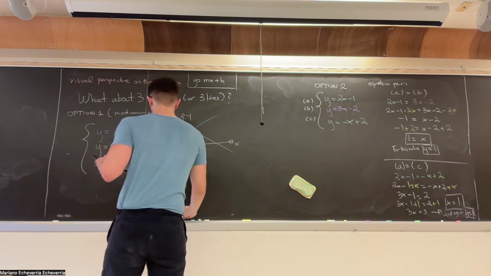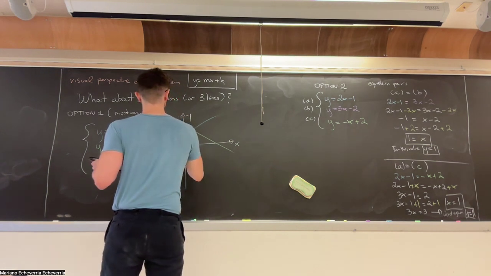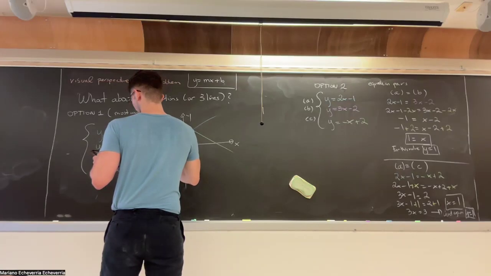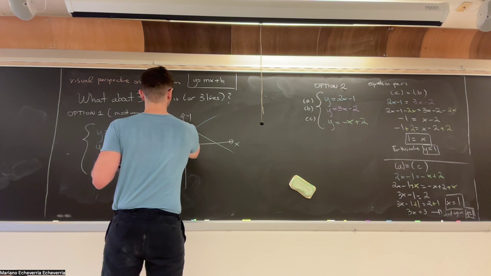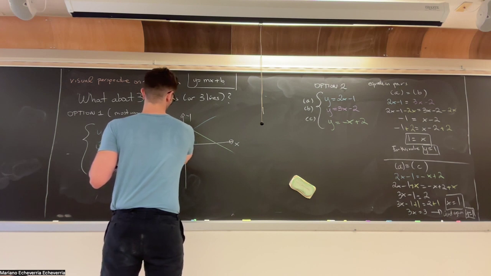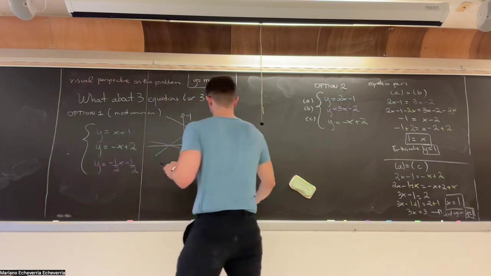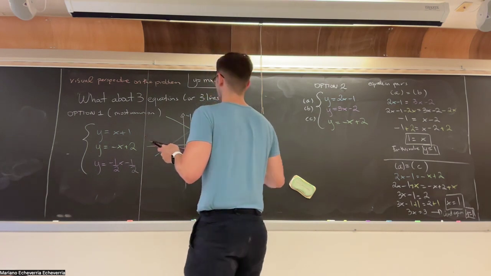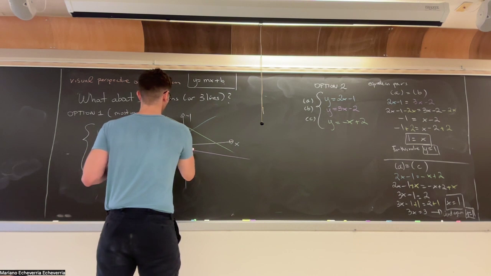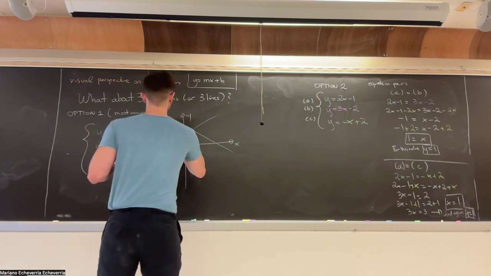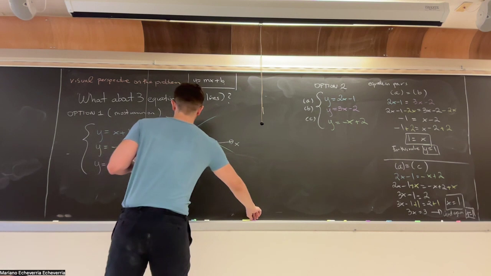And the purple one passes through... Okay, this makes it very misleading because it's not necessarily true that they will be there, so let me see if I can adjust it a little bit more.